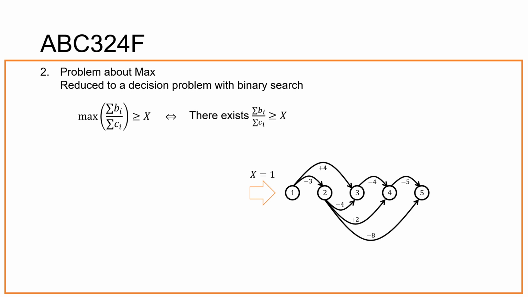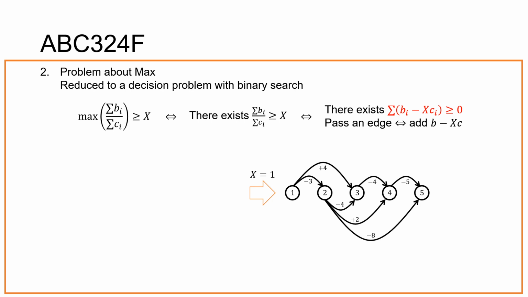Then this is equivalent to saying that there exists a path from v1 to vn satisfying this inequality. Then organize it, and we have this simple expression in red ink. So we just need to find a route with the maximal value of the sum of b minus xc and just check if the maximal value is at least 0 or not.